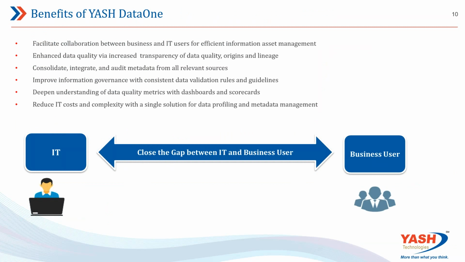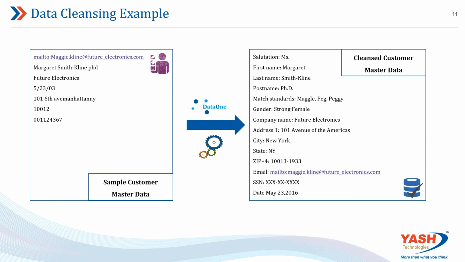We target to get 95% accuracy at least by the time the data quality process is done, and the remaining 5% is something that gets addressed during the ongoing data governance process. A good understanding of data quality metrics through dashboards and scorecards, a reduction in costs in overall management with the process, and eventually bridging the gap between IT and business users.